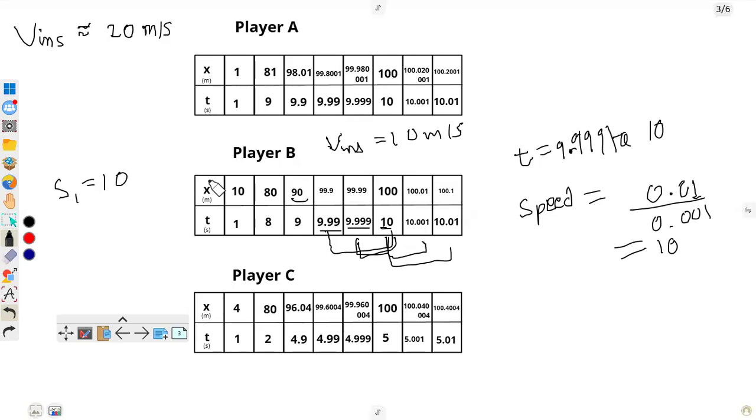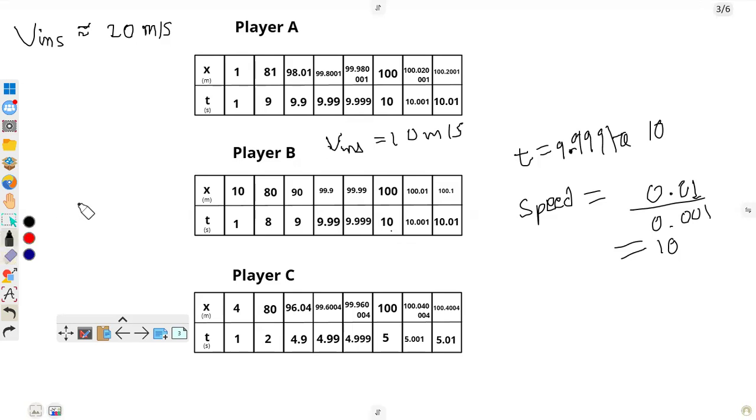Also, we saw an overview in the starting that player B was always ahead of player A, but still player B's instantaneous speed at t is equal to 10 seconds was 10 meters per second.